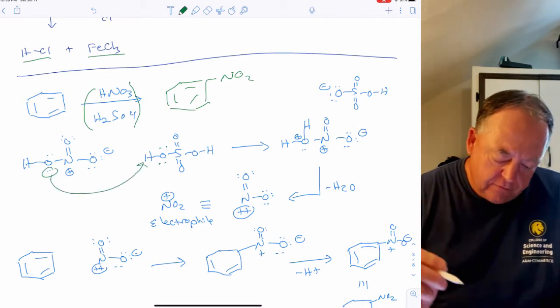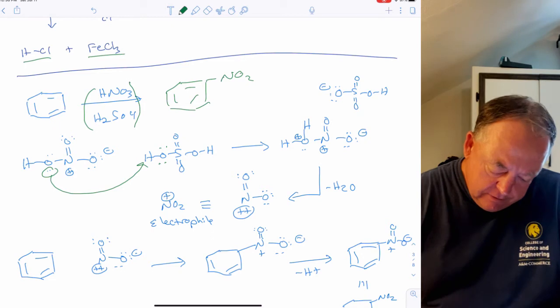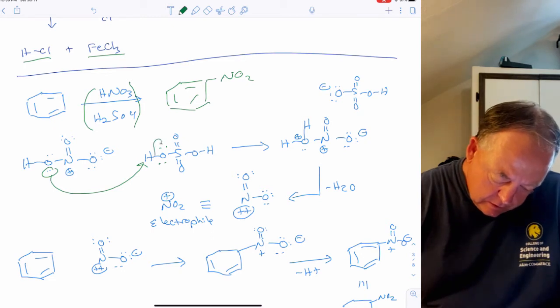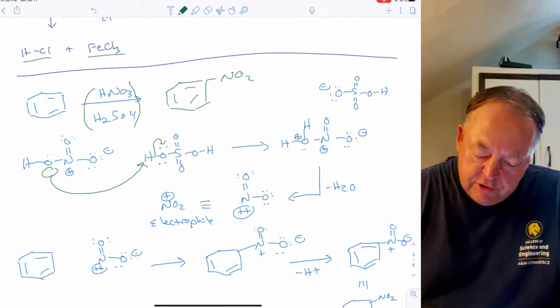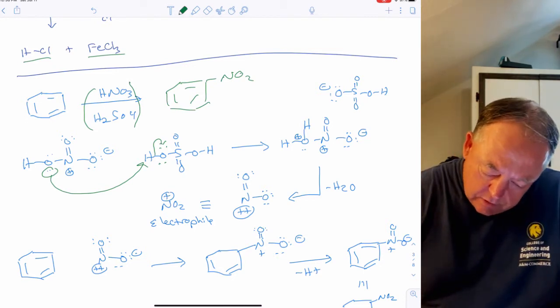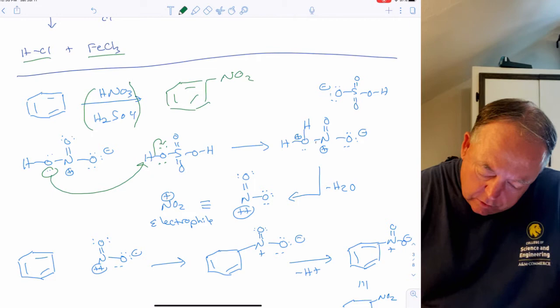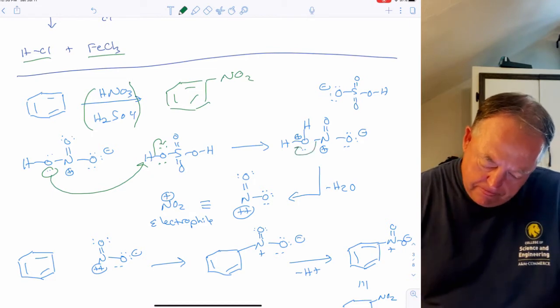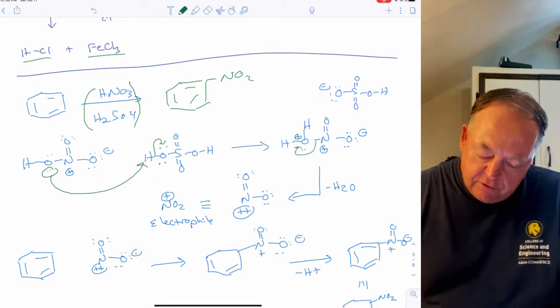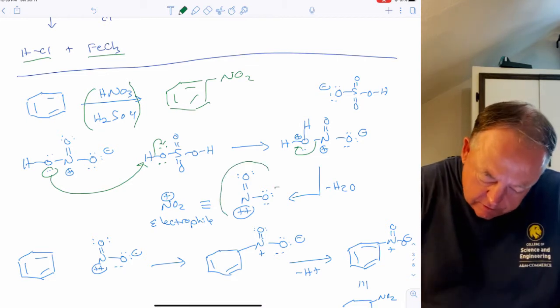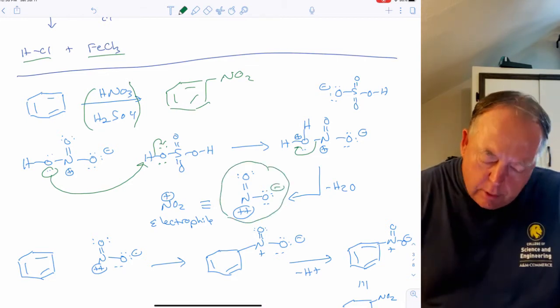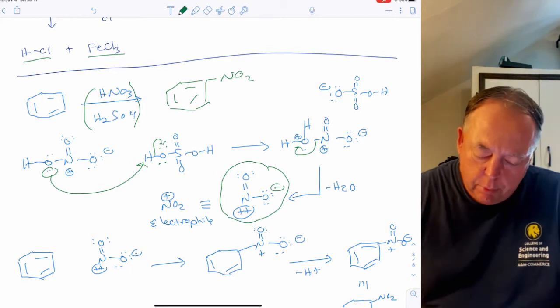So what happens first is you protonate nitric acid, and now you have a leaving group. Now you have water on the nitric acid, so H2O leaves, and now you have your electrophile. Right, so that has a net +1 charge, so nitrogen is now +2 charged.